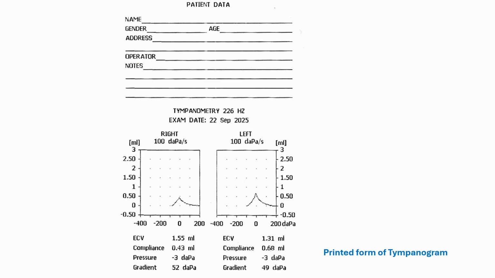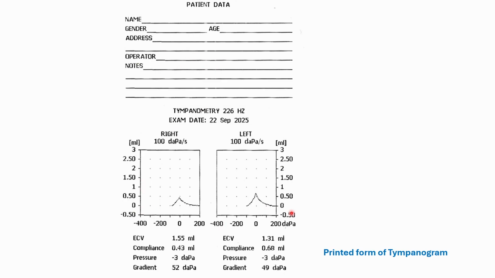So when we plot a graph, this is the printed form of a tympanogram. You have to mention the name, gender, age, address, the operator who is performing the test, and the notes or the report of this graph.